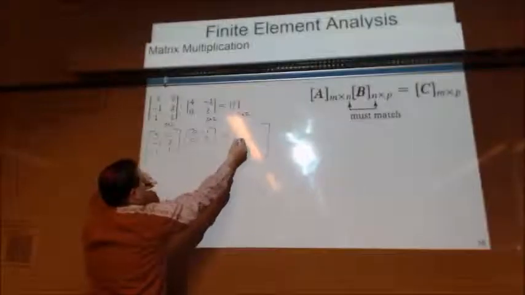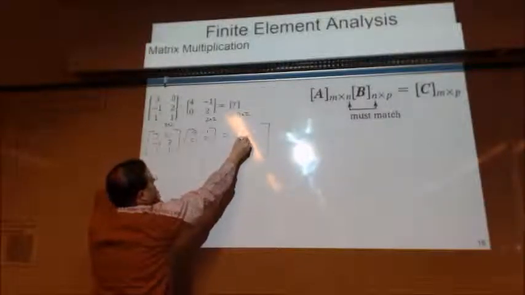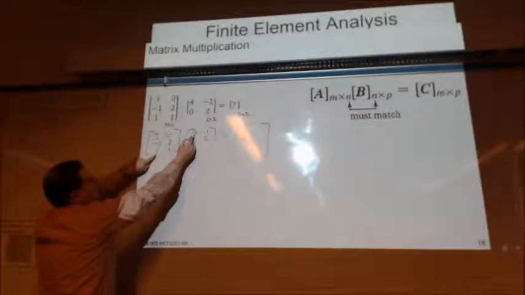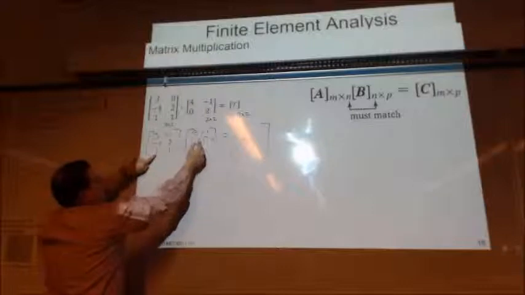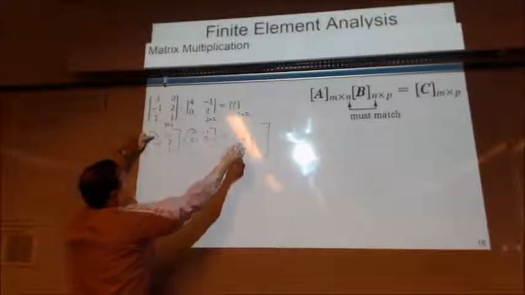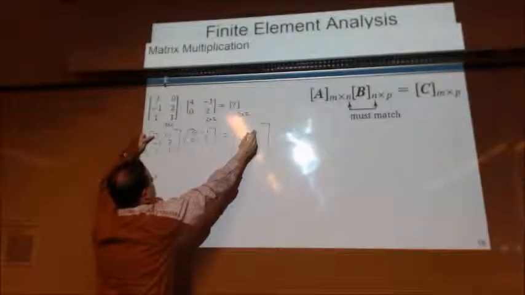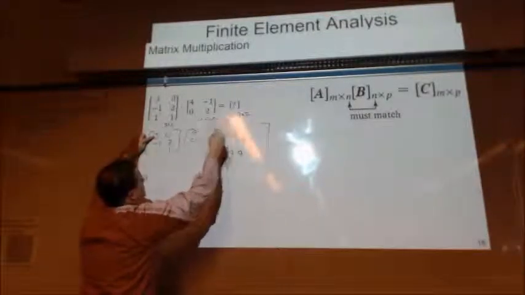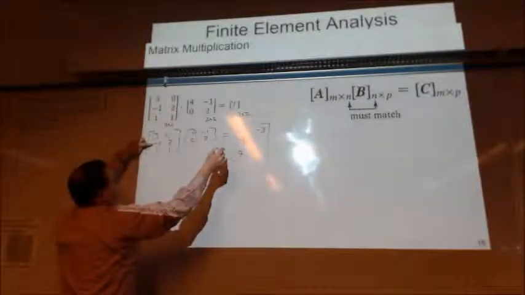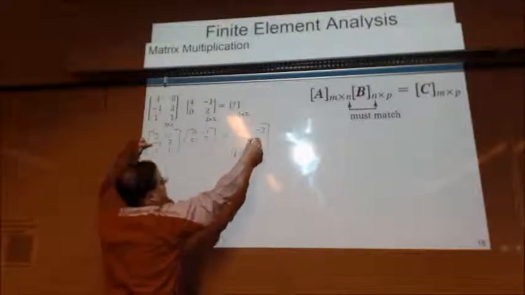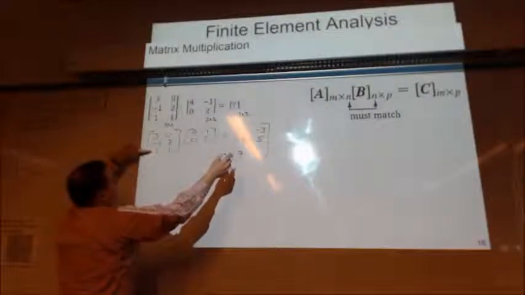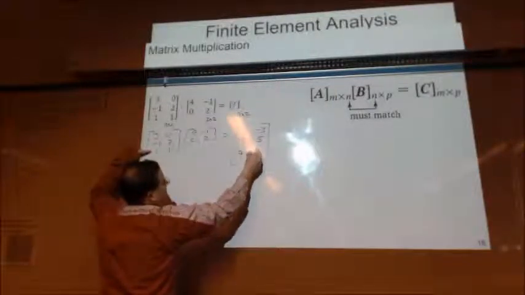Plus 2 times 0 is 0, so it's minus 4, right? 1 times 4 plus 1 times 0 is 0, so this is 4. 3 times the minus 1, minus 3 plus 0, so minus 3. Minus 1 is a 1, plus 4 is 5. Minus 1 plus 2 is going to be 1, right?